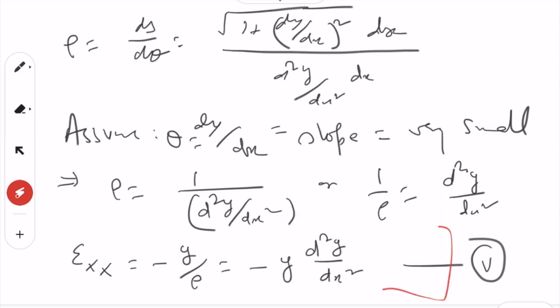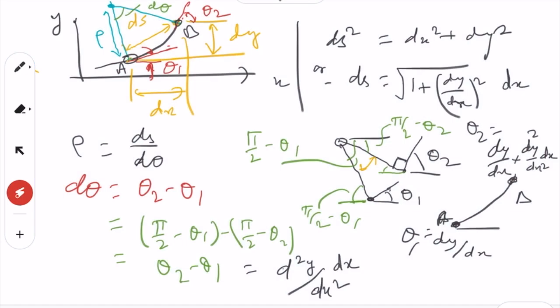We can find out what we have to find out, del squared y over del x squared. One thing you have to remember: when we said y, what was the y?